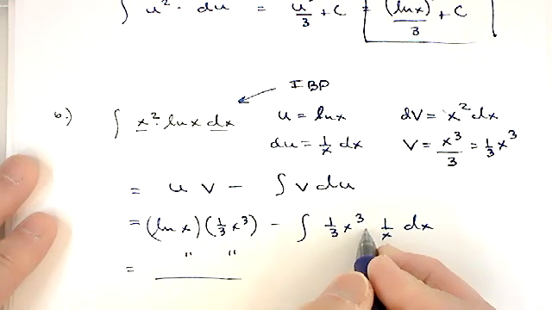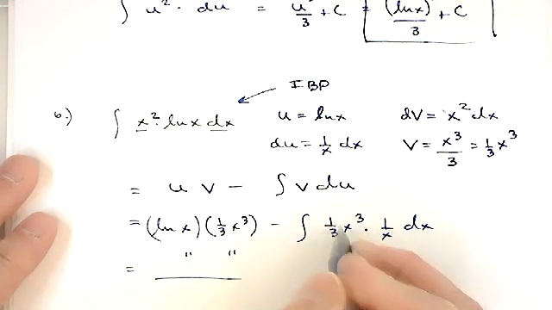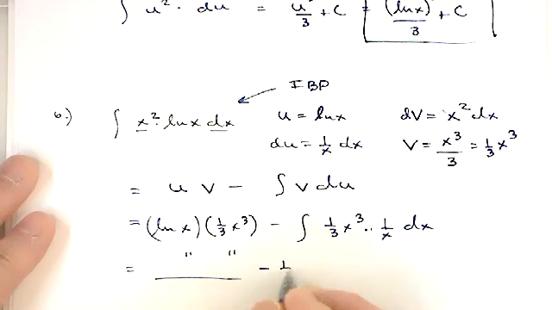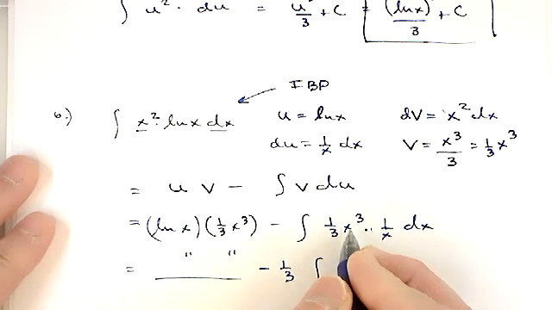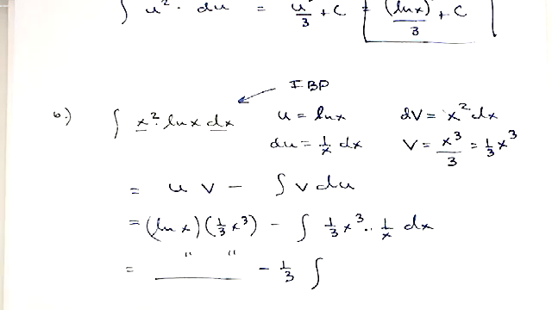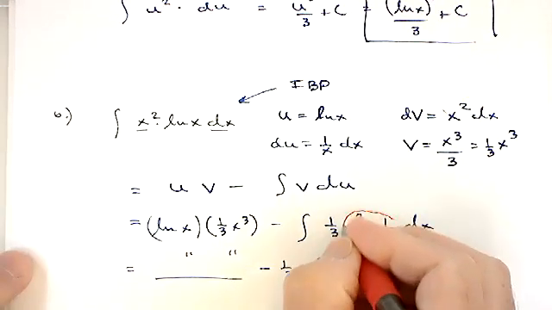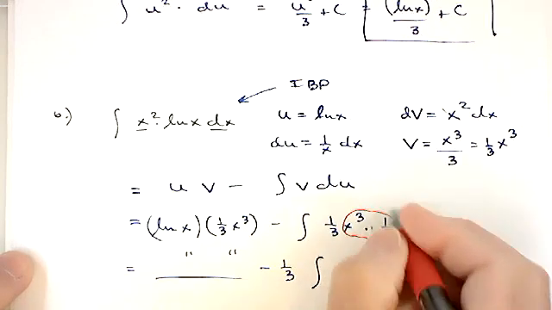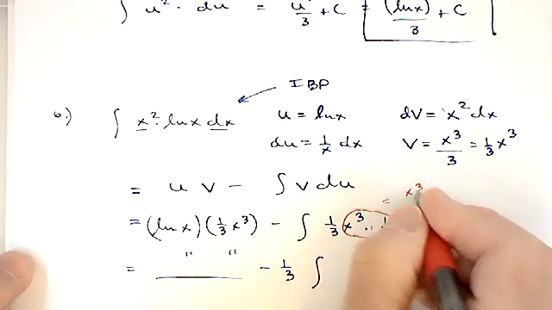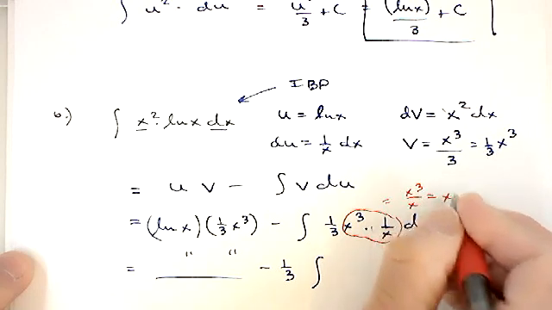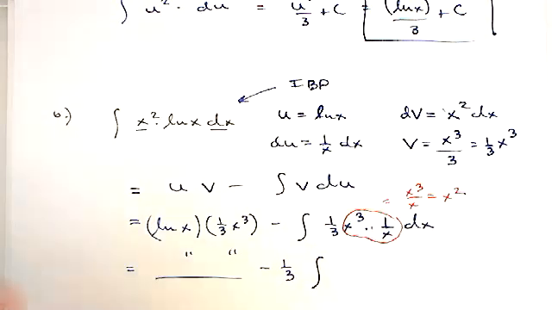Remember, this is a product still, so you can't just find the antiderivative of this times the antiderivative of that. What you can do is pull out this 1/3. And what does x cubed times 1 over x simplify to? Isn't this the same as x cubed over x, which is just x squared?